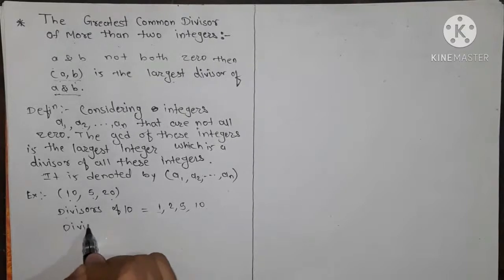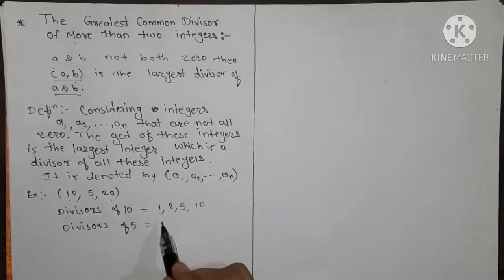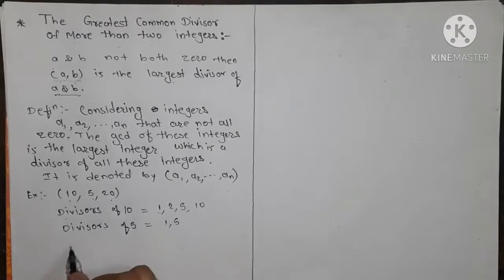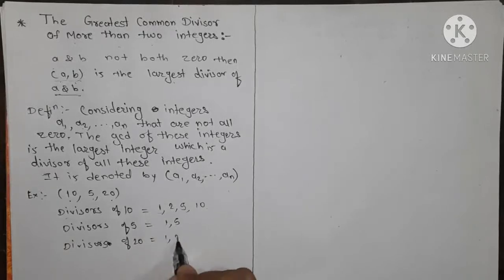Divisors of 5 are 1 and 5, and the divisors of 20 are 1, 2, 4, 5, 10 and 20 also.